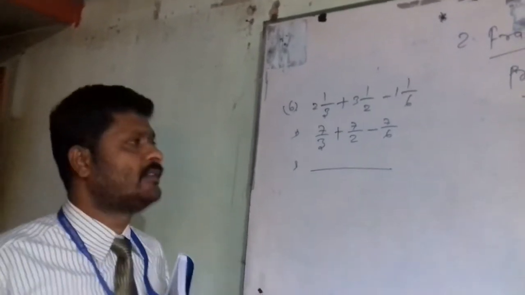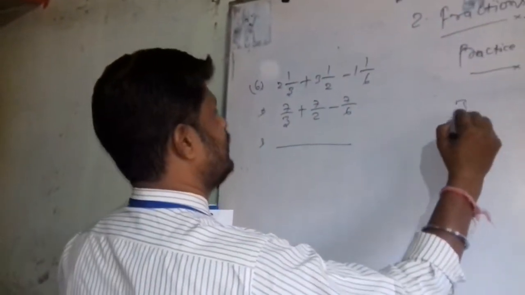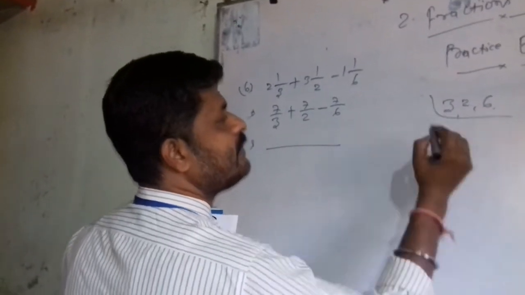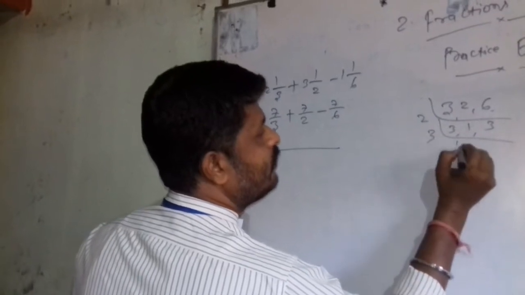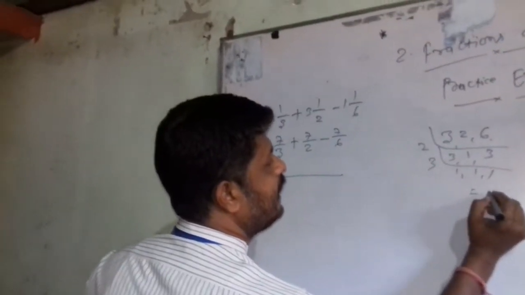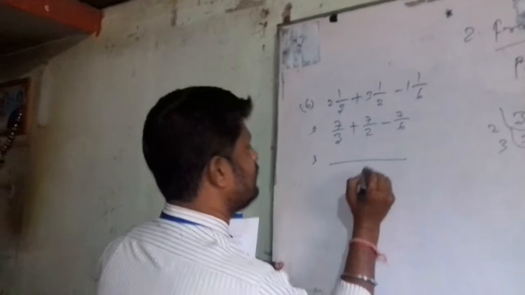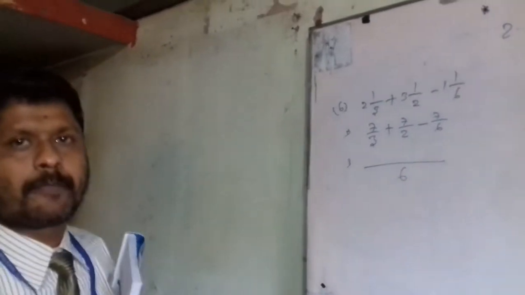Firstly, we have to find the LCM of 3, 2 and 6. Then we divide by 2, 3, and we get 1, 1, 1. That means 2 times 3 is 6, and 6 is our LCM. So 6 is written here.